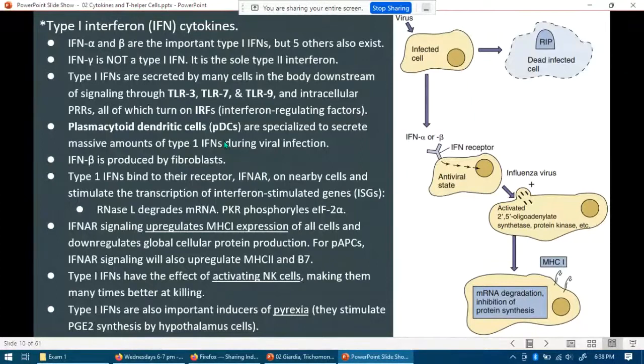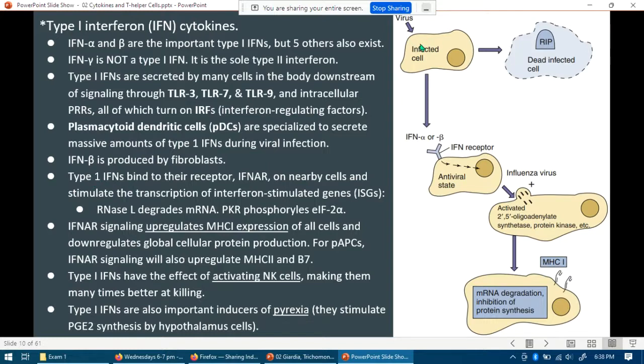They make literally tons of type 1 interferon during a viral infection. Interferon beta has an important source in fibroblasts. Interferon alpha is made by tissue cells, plasmacytoid dendritic cells, or immune cells.